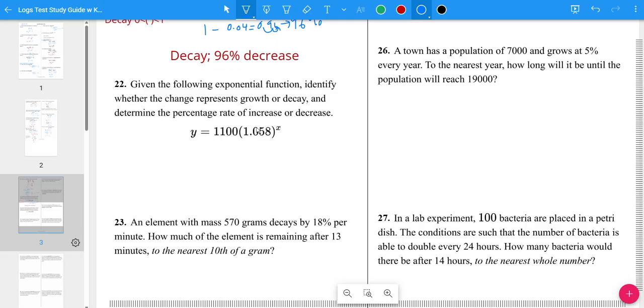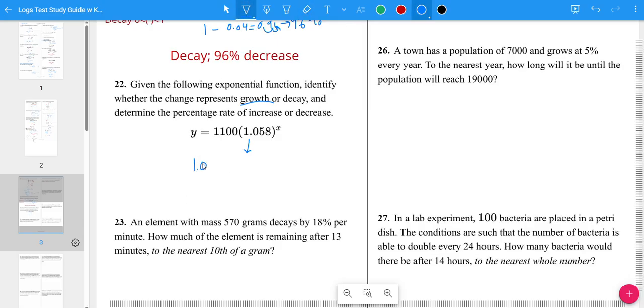We can see that this is growth because it's above 1, and then determine the percentage of increase or decrease. So we're trying to see how much this is above 100%. So we're going to do 1.058 minus 1. Oh, I just said it and then did it backwards. Sorry about that.